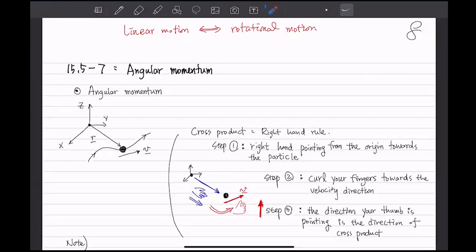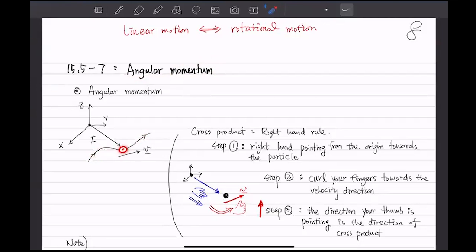Okay, so we talked about the linear momentum, right? And now we are going to talk about the angular thing. The angular momentum is defined as, say, there's a particle moving randomly like that.